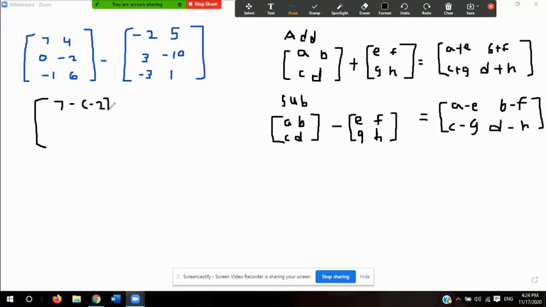Then you're going to have 4 minus 5 on this side.